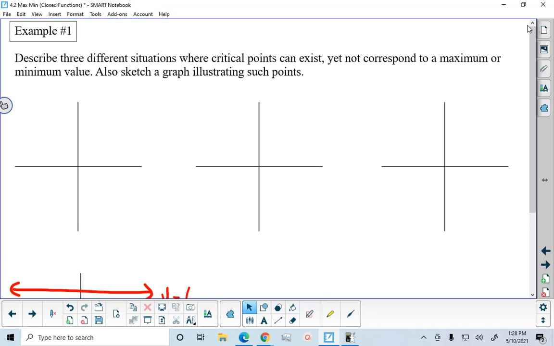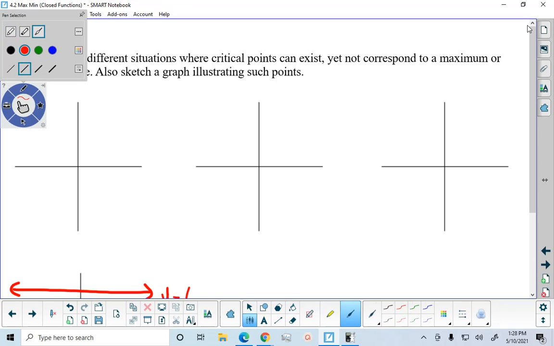Except if we have an asymptote, the function isn't defined at that value of x, which means the derivative will not be defined. And I'm going to put that, but this is not a case where the derivative is equal to 0. So this is one of the answers to the question, where we have an asymptote.